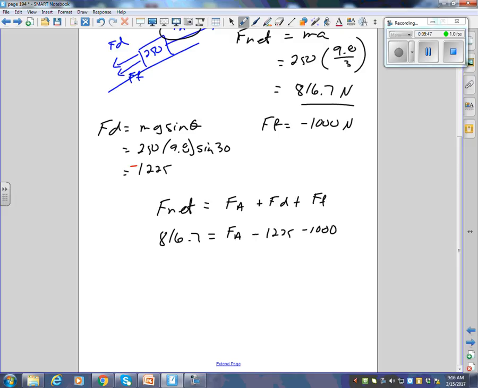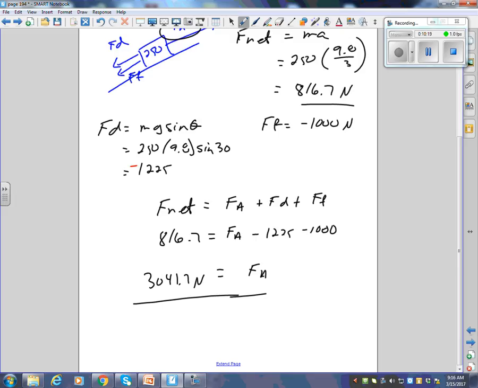Take everything to the other side, and you get 3,041.7 newtons of necessary force. Okay?